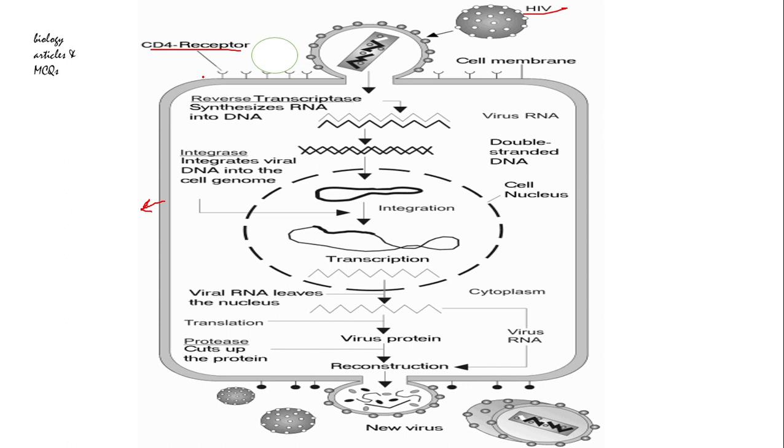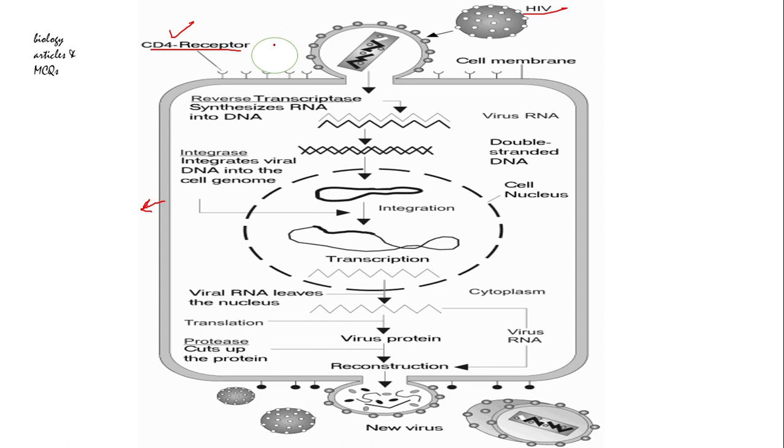Guys, there are specific places on a specific cell through which the virus enters it. The specific place present on the white blood cells of human beings that helps in the attachment of the HIV is the receptor called the CD4 receptor.